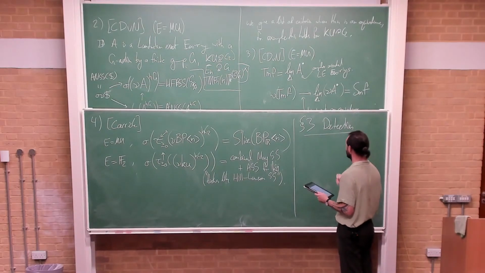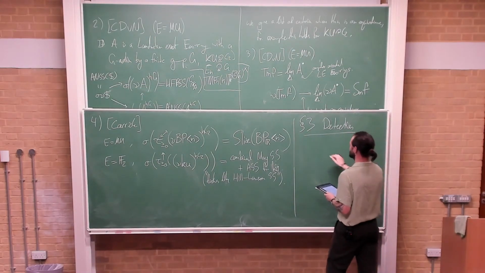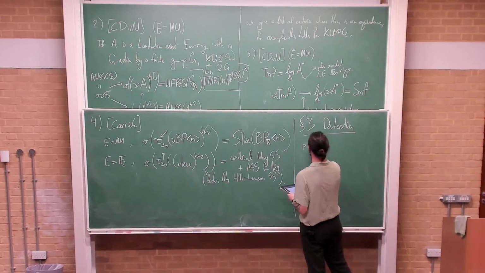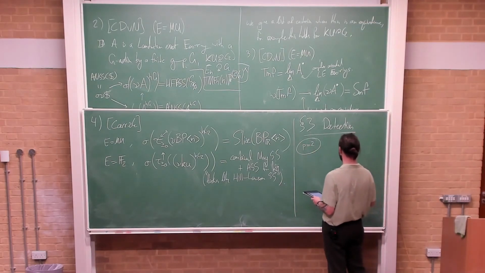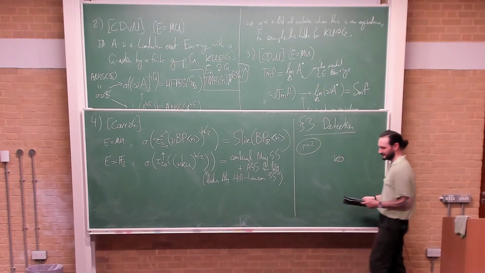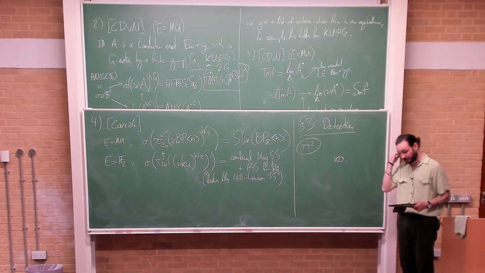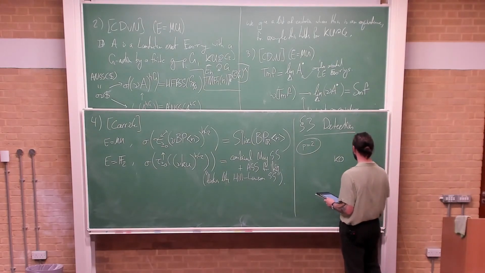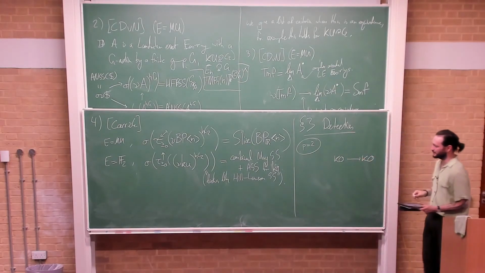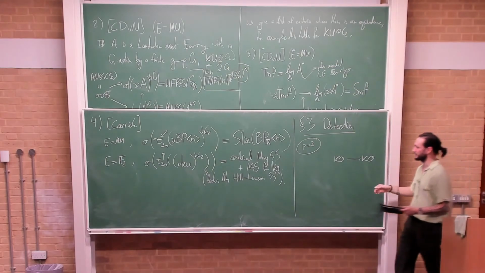Okay, so let's start at the prime 2. If we want to compute something like height 2 periodic families, like v1 periodic families, then we probably want to start with KO, and we probably want to take Adams' suggestion by looking at KO equipped with Adams operations.